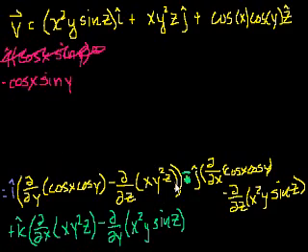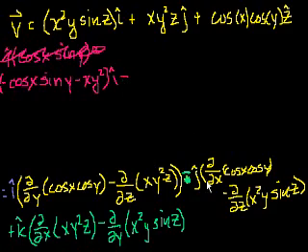Now minus the partial of this with respect to z. Well, xy squared is just a constant, right? So the partial of this with respect to z is just xy squared. So minus xy squared. And then we're going to have all of that.